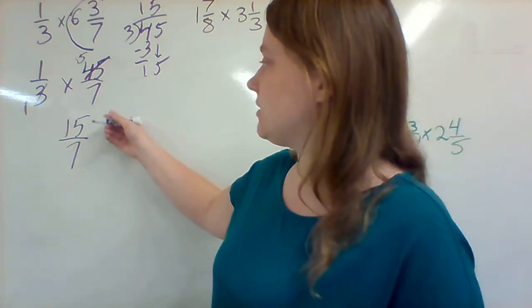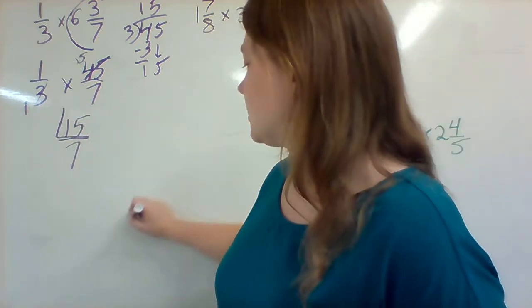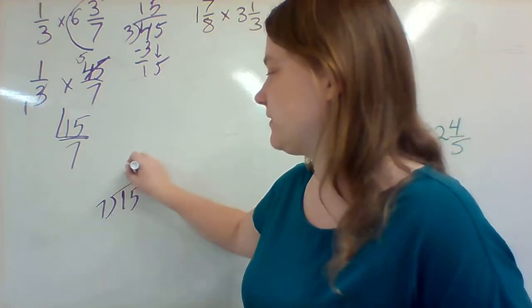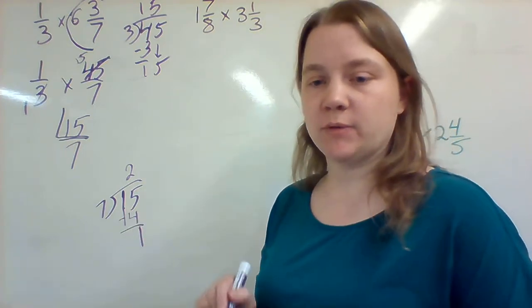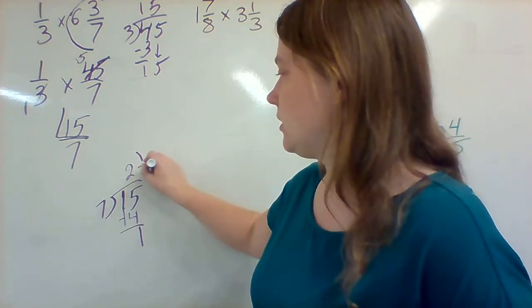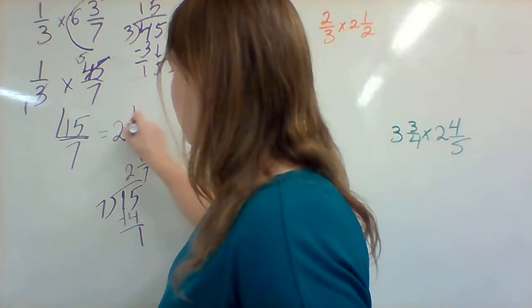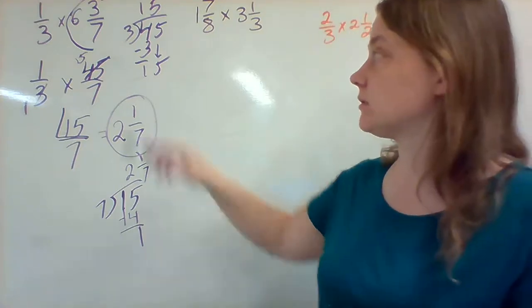So we need to make the L and divide. So I'm going to put 15 divided by 7. 7 goes into 15 2 times. Leaves me with 1 left over, which means my answer is going to be 2 and 1/7. So there's my final answer for that problem.